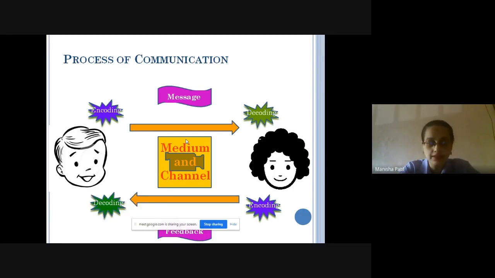Please draw this diagram. You needn't draw the faces, right? Sender and receiver. Sender, encoding, message, decoding, receiver. Medium and channel. From receiver, you have encoding, feedback, decoding, sender.